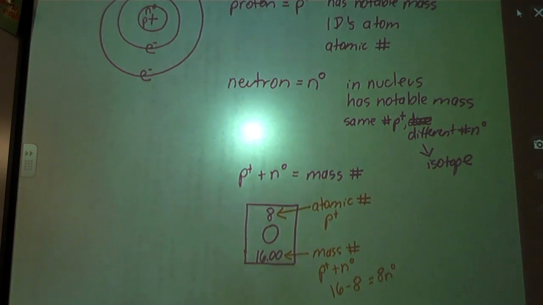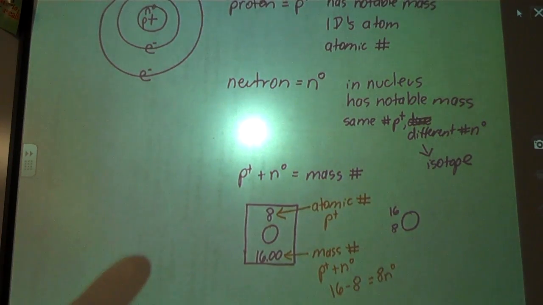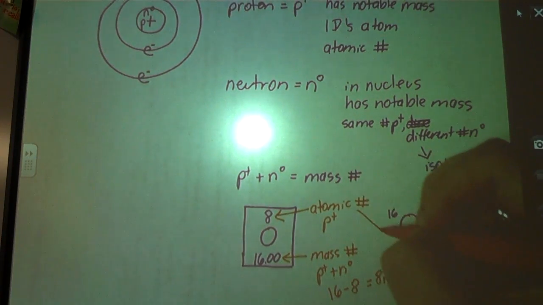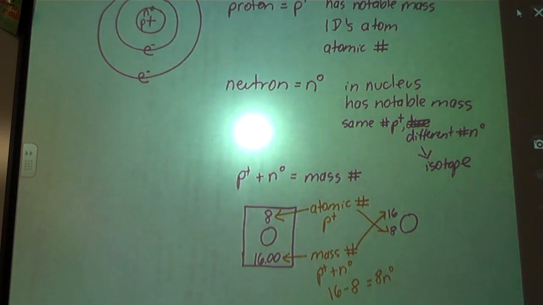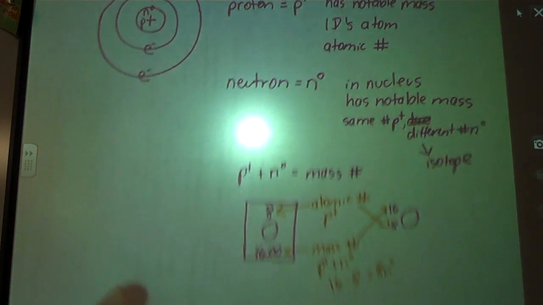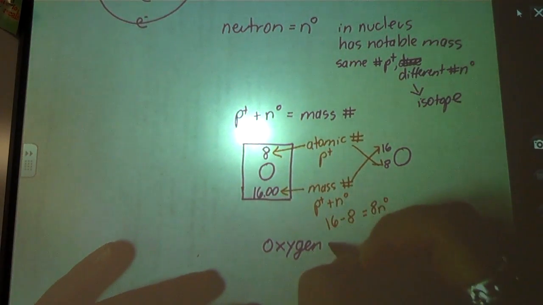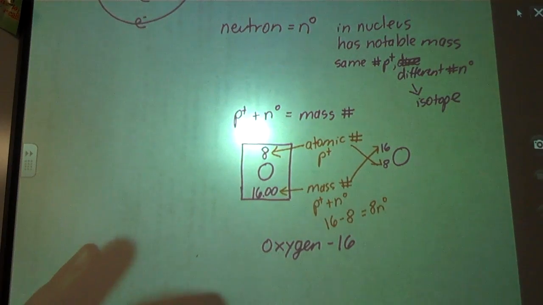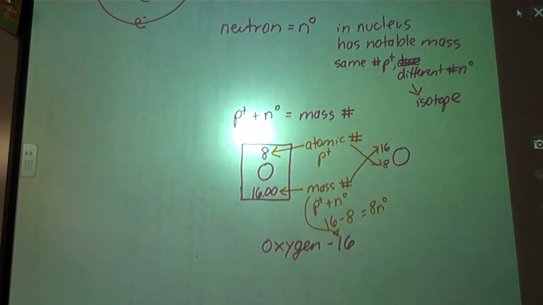Another way you might see this written, an abbreviation sometimes that you'll see, is like this, where my atomic number is actually on the bottom and my mass number is on the top, just to be confusing. Or written out in words, we could also call this oxygen-16, where your mass number is this number tailing off the back.